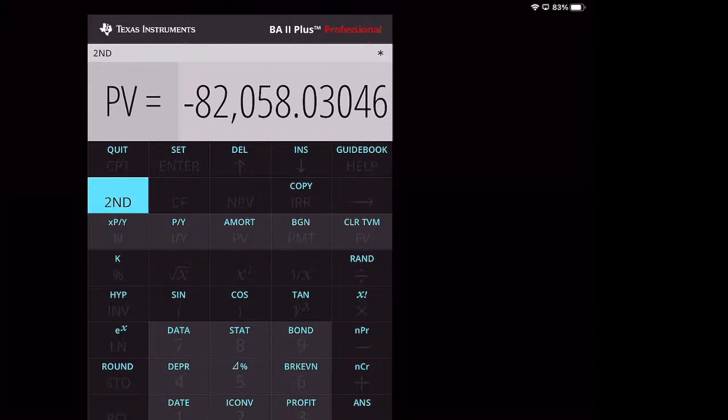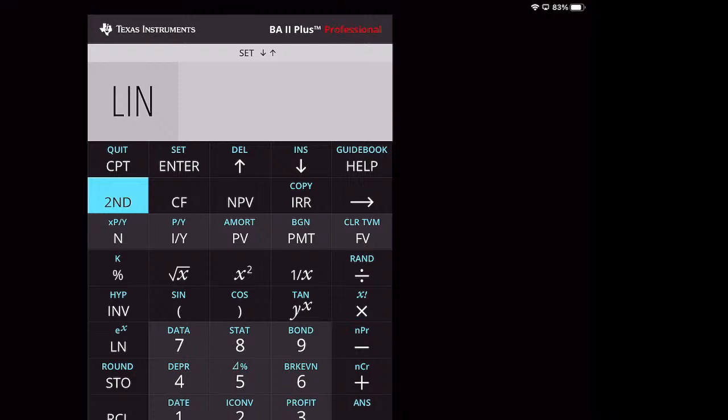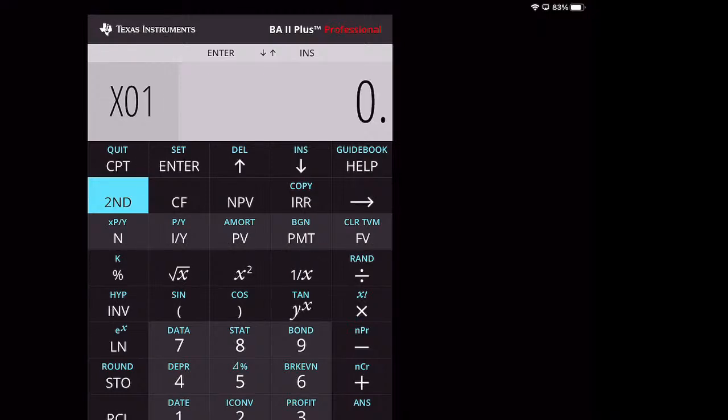And I'm going to clear the screen. And what I'm going to activate now is the statistical mode in the calculator. And to do that, I hit second data. Now you see something's in there already, so I need to clear that. So second clear work clears a worksheet for statistical data.